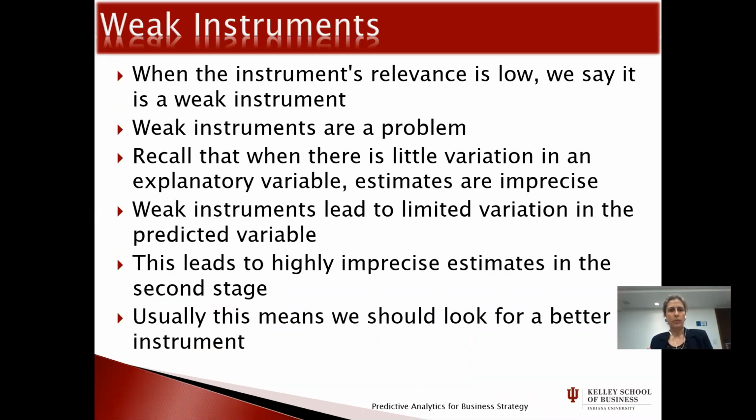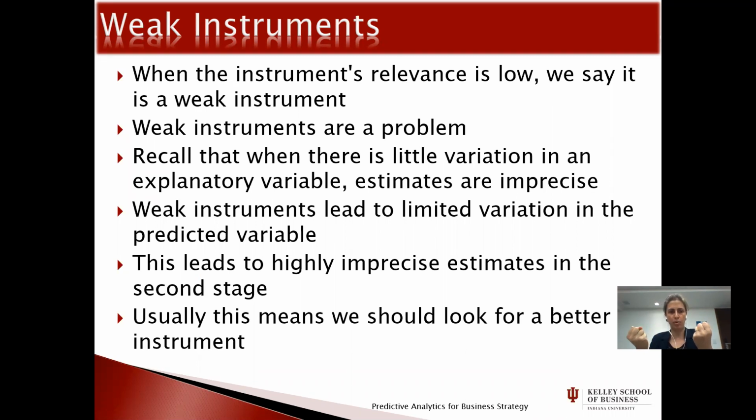Let me just give you a quick word on what we mean by weak instrument. What if you find that you have a very low relevance, that fuel cost is not so strongly related to prices? That will be a weak instrument. A weak instrument is a very weak correlation between your IV and your endogenous variable.